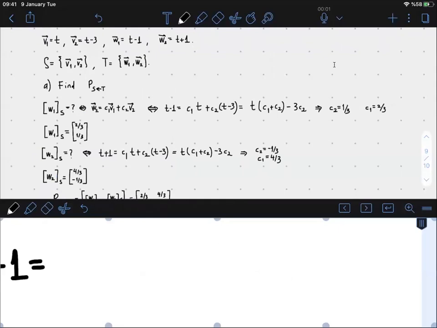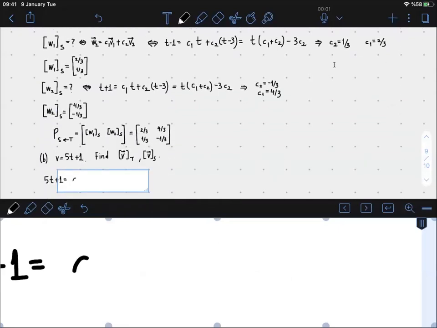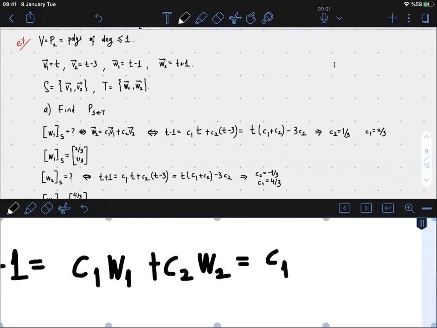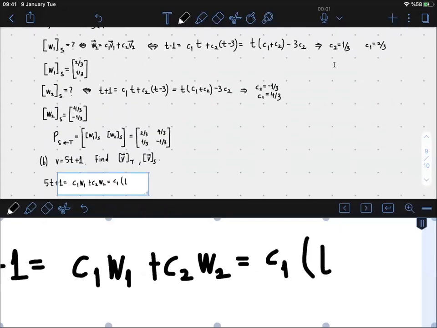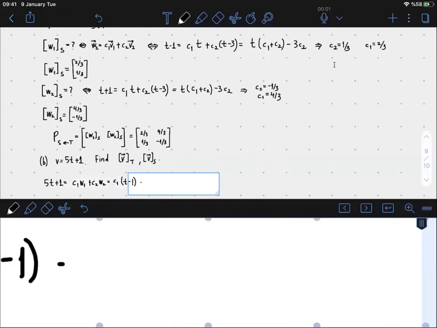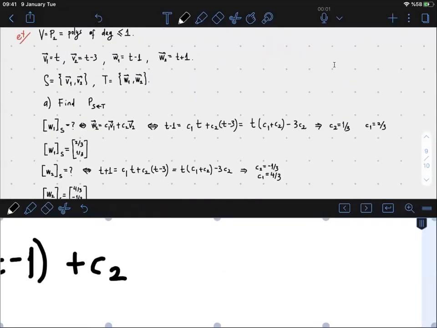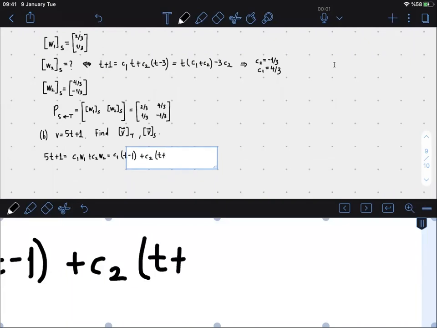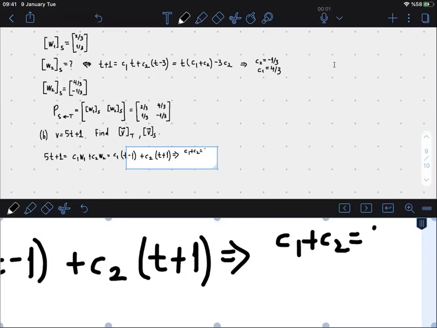So T is the W basis, right? So it will be C1 times W1 plus C2 times W2, where W1 is T minus 1 and W2 is T plus 1. Okay, so this gives us C1 plus C2 must be 5, and C2 minus C1 is 1.